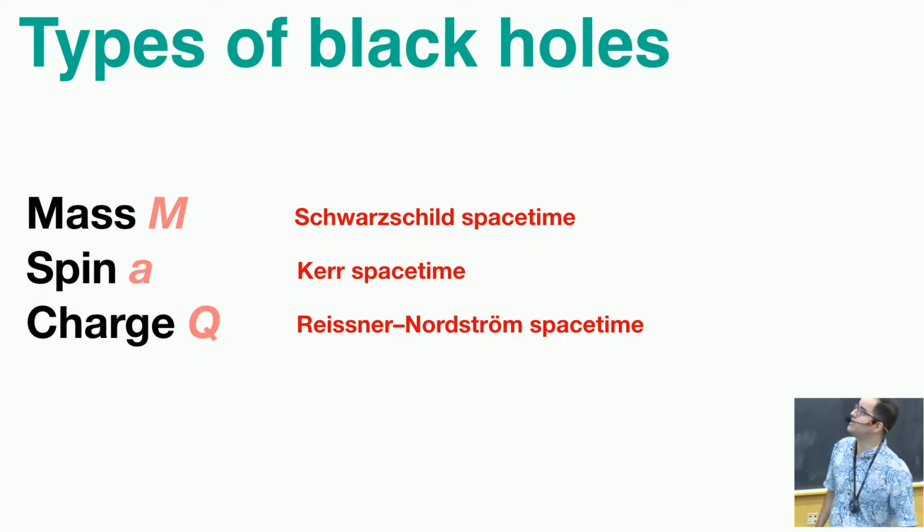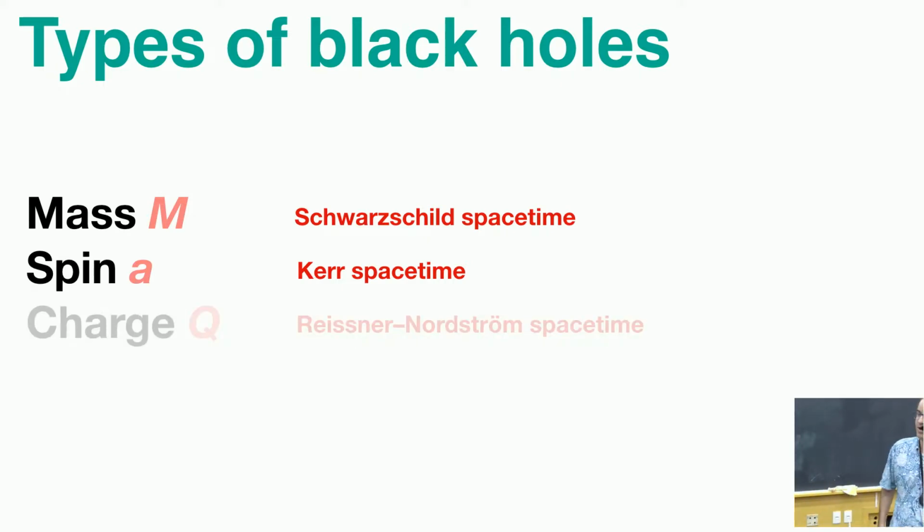The 3 numbers lead to different kinds of space-time geometries: the Schwarzschild space-time, the Kerr space-time, and for a charged black hole, the Reissner-Nordstrom space-time. But it seems that if you try to add charge to a black hole, the black hole will very quickly attract opposite charge and nullify its charge, okay?